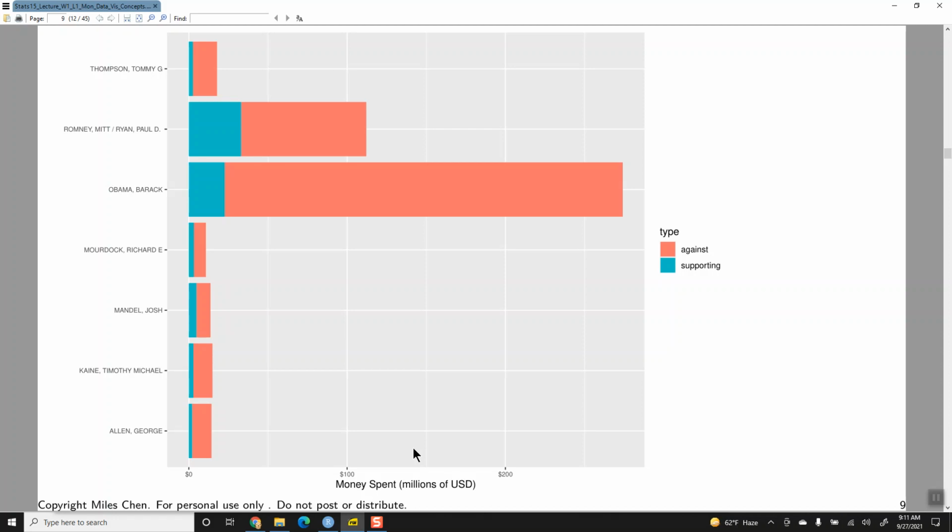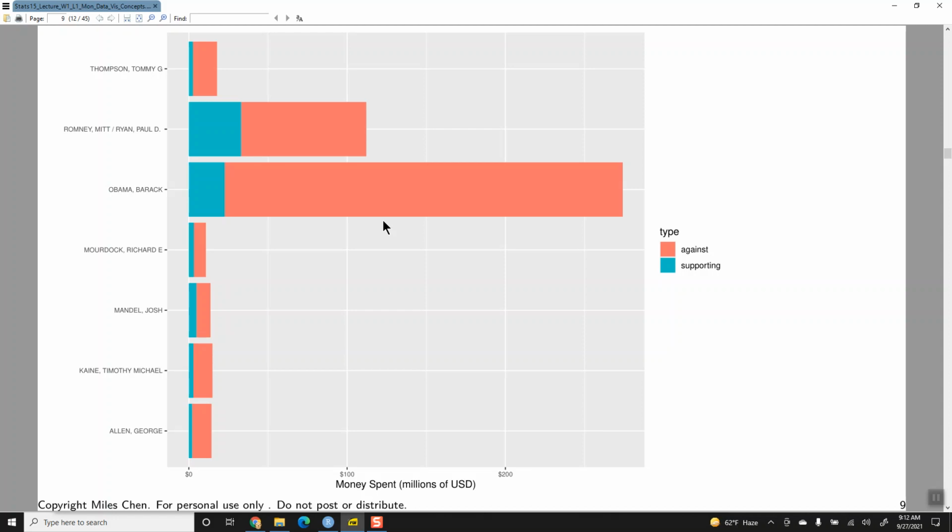And we can see that for all the money spent on Barack Obama's candidacy, a lot of it was spent working against him, okay? This whole thing being red, or whatever color this is. There was some money spent supporting and money spent against him.